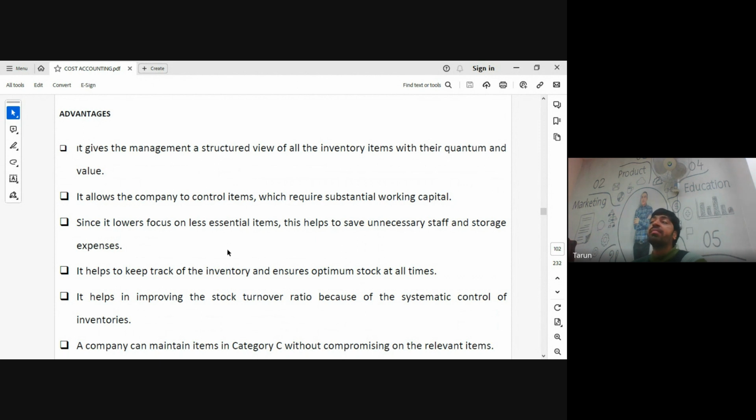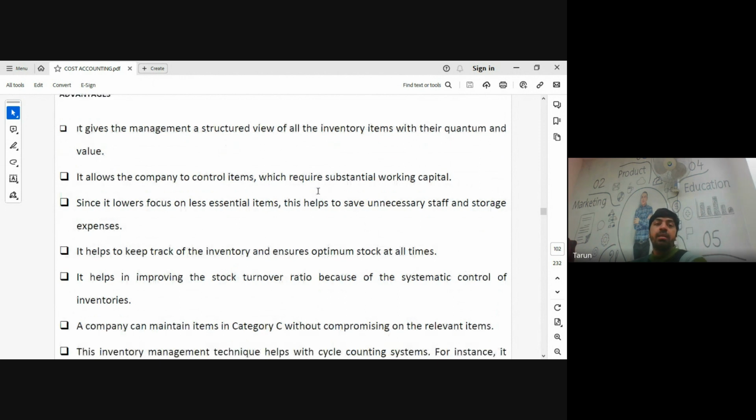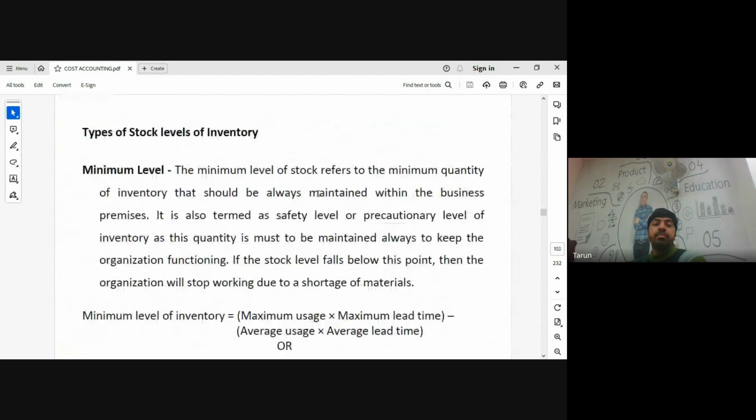It will always have systematic records of such stock. So the company is also able to maintain the C categories of the product without compromising the other relevant items, and this can be done through the ABC analysis technique or tool.